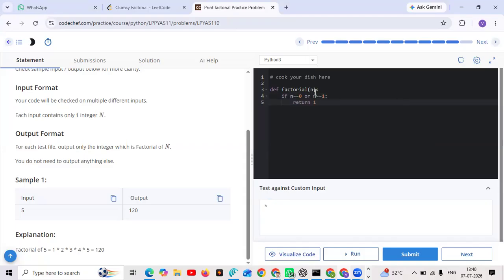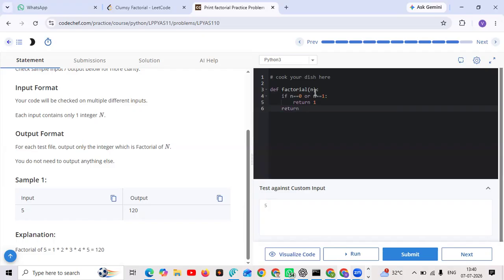I do not have to make you understand this again and again. That is the base case: if you are finding the factorial of 0 or 1, you will get the answer as 1. I will explain this again, but let's understand the whole code first.